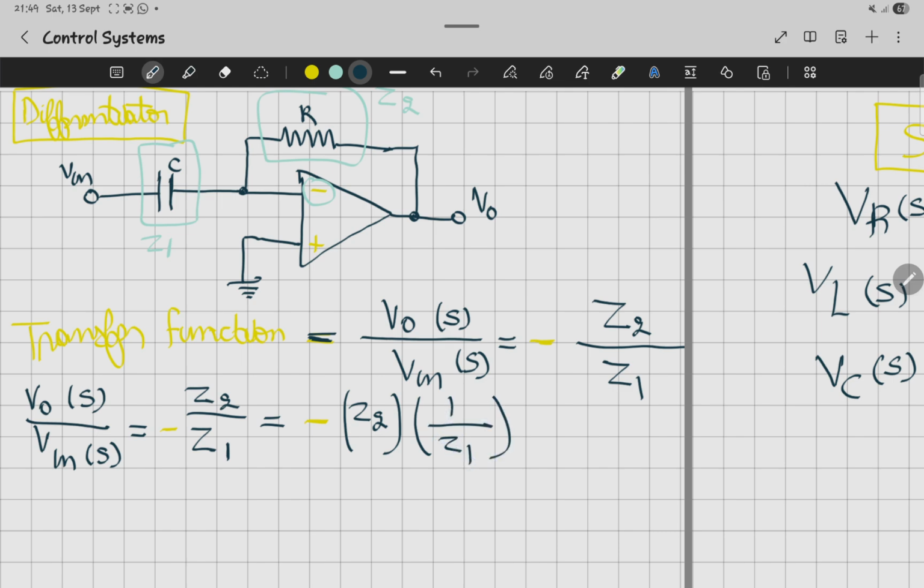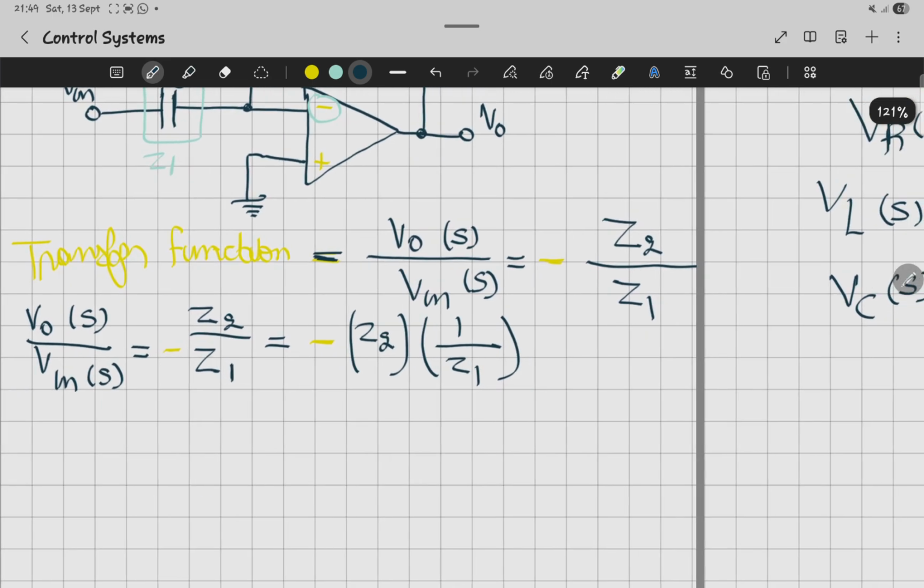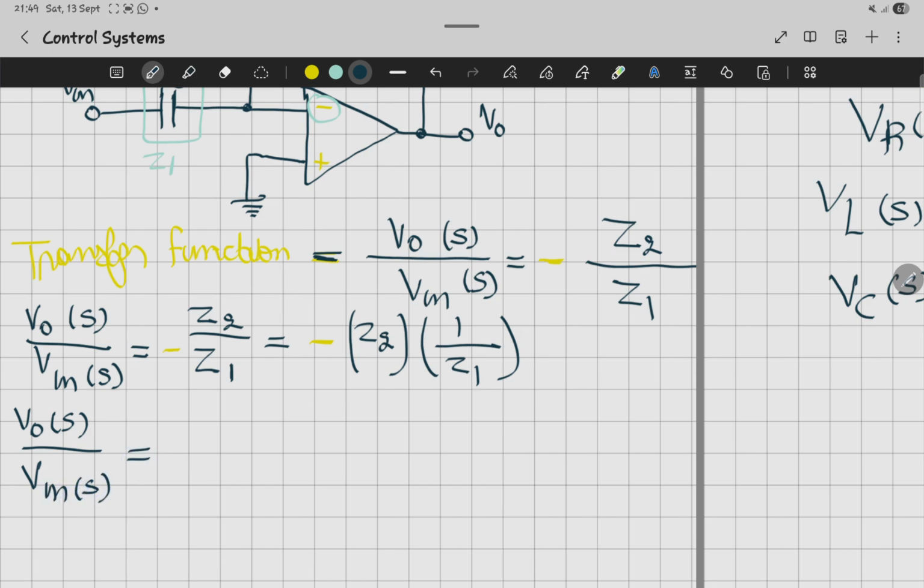In this way we'll be able to place the values correctly, so everything is well placed. Then I'm going to rewrite this equation for the transfer function. It will be equal to what you see right here.